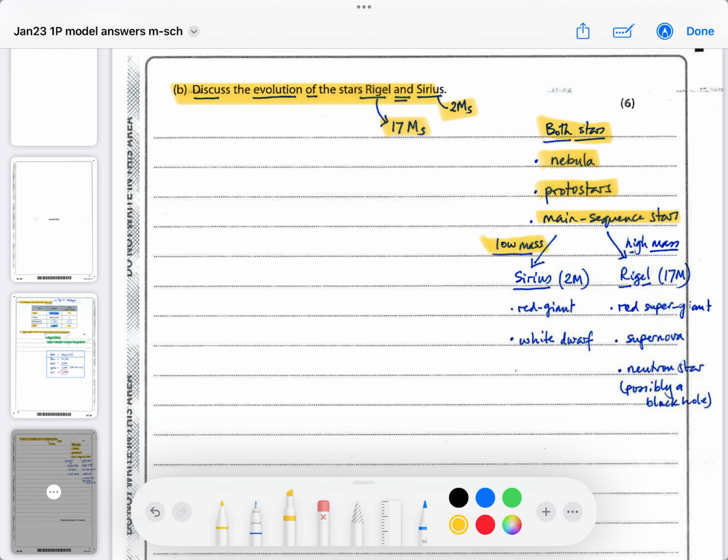For the lower mass Sirius, it is twice the mass of our sun. Our sun's a pretty ordinary, average star, and Sirius, at 2 solar masses like our sun, will go through the red giant phase, and then when it runs out of hydrogen and helium, it won't be able to maintain the density and the pressure and the temperature to fuse either of those.